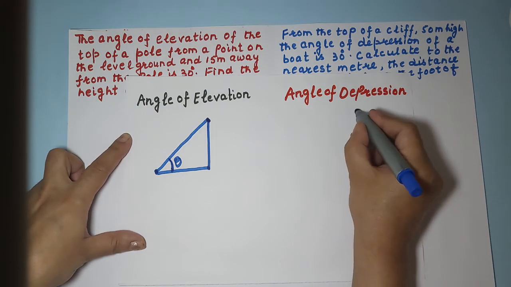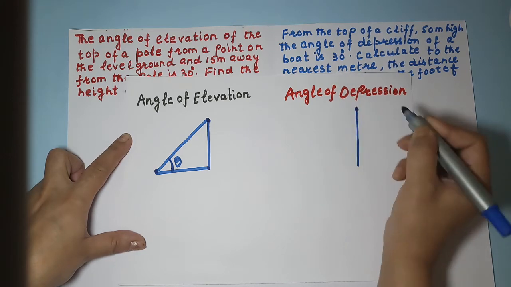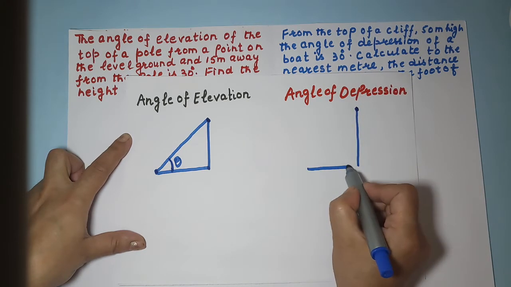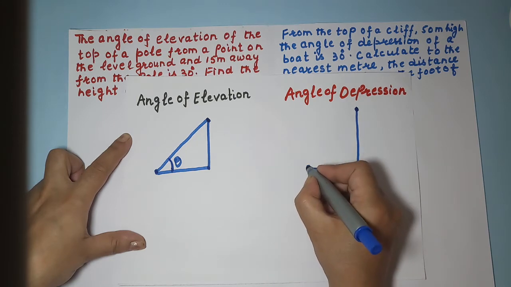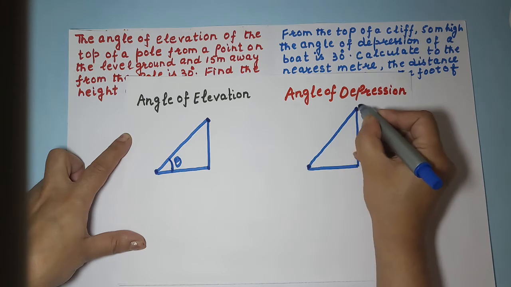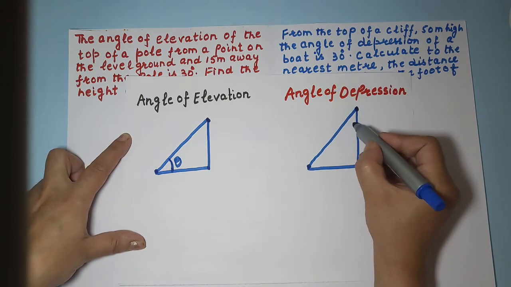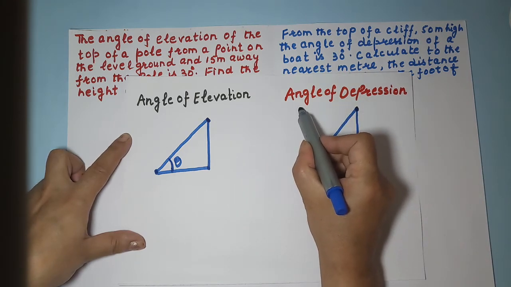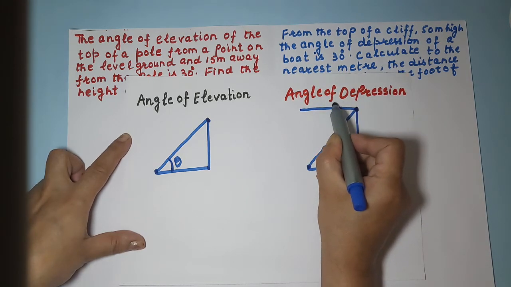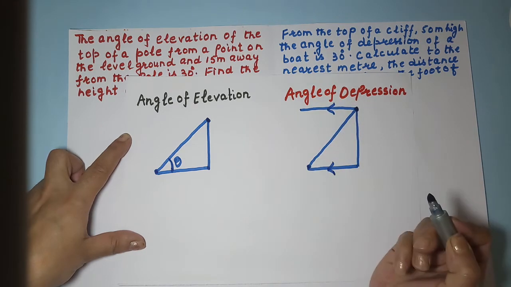Now, suppose this is a tower and you are standing at the top of the tower, looking at some object here. So, the angle that is made here is called the angle of depression. Now, you must be thinking that this is the angle of depression. No. You consider a reference line, which you have to consider parallel to the ground line.